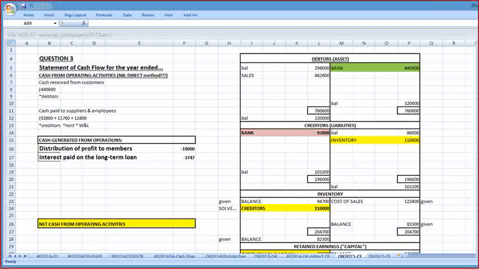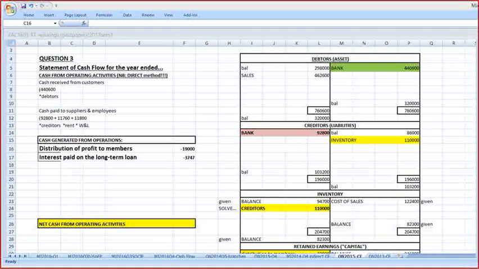The last two T accounts that you need to draw up. SARS income tax isn't an expense. The income tax on its own is the expense. So SARS income tax is what?